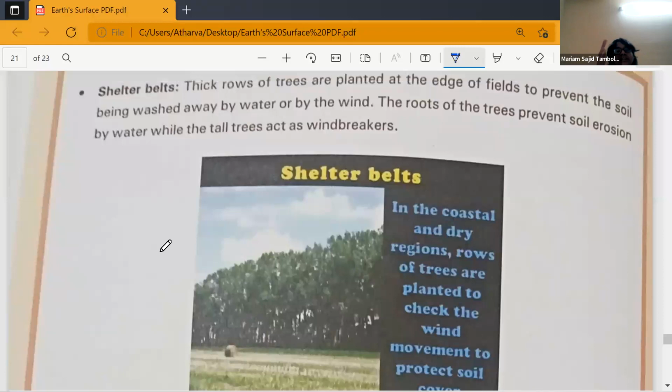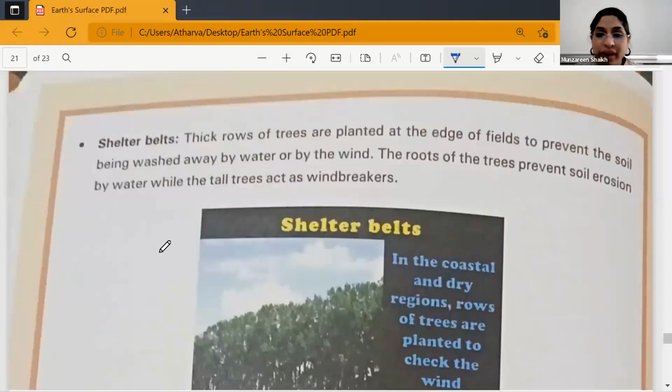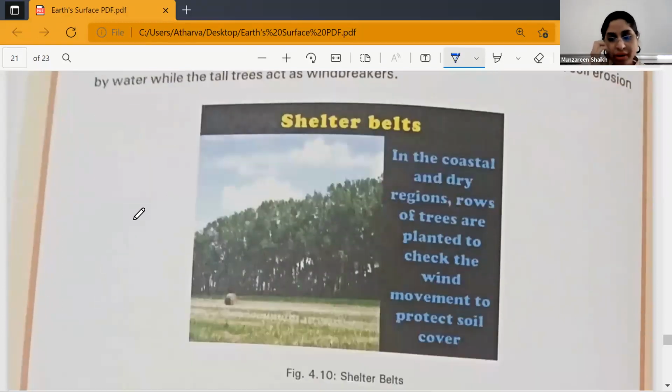So the name only describes it. It is like a shelter. It is sheltering from whom? From winds. It is becoming a barrier for the winds, and it is also preventing soil erosion. Okay, can you see the image, children? Shelter belt.